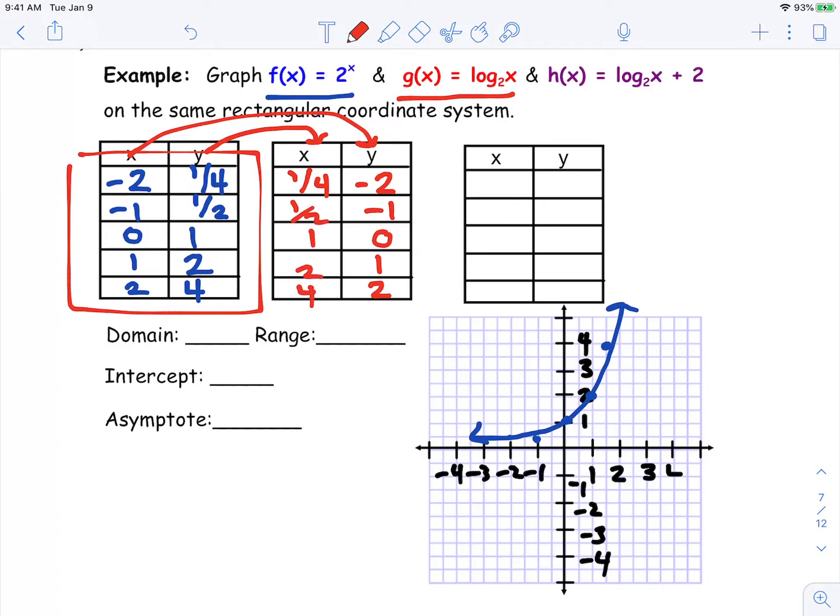And now we graph them. So over 1/4, down 2. Over 1/2, down 1. Over 1, up 0. Over 2, up 1. Over 4, up 2. So there is our logarithm of base 2. We consider those parent functions.